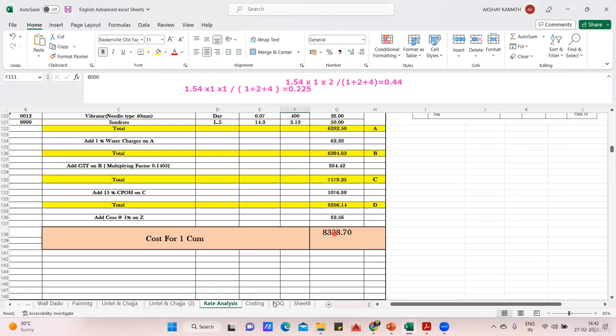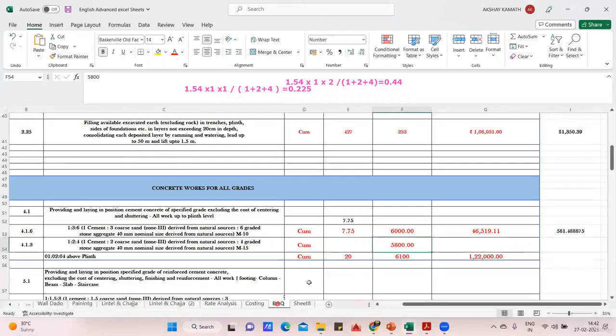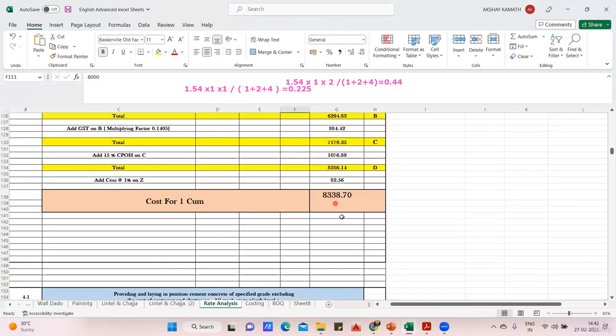Whatever rate you put, you come here to the BOQ sheet and input it here. Ours was 1:2:4, right? So you have to put the rate, whatever I got, some 8,200 I got. I'll put 8,200 rate here. Got it? But usually 8,200 is very much on the higher side for PCC. Usually it will be somewhere close to 6,000 to 6,500 rupees.